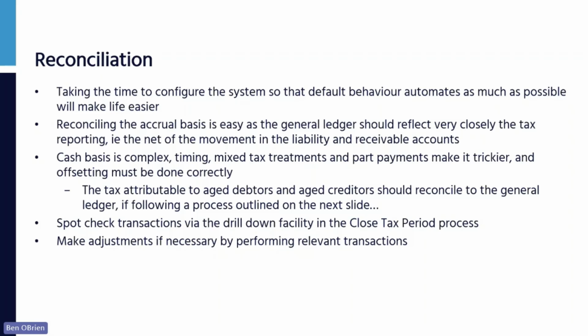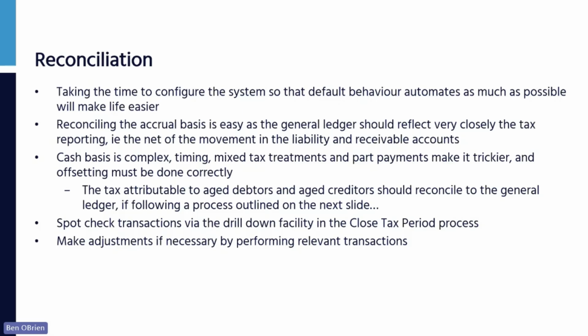So you don't have to worry about those exceptions tripping you up because you've configured your system with the defaults in things like your general ledger accounts and your exceptions in your inventory items, for example, that may be zero rated or GST free. So taking the time to configure the system will make life a lot easier.